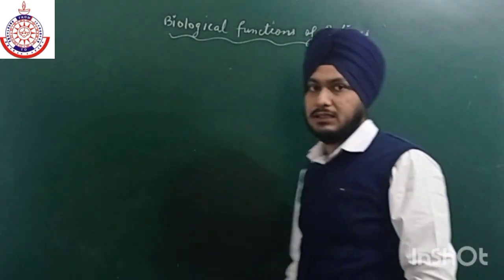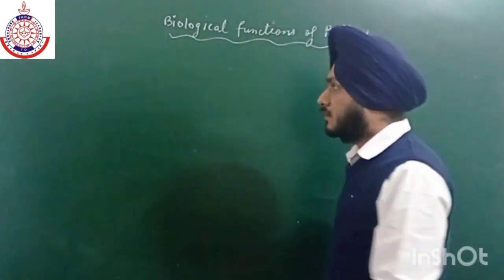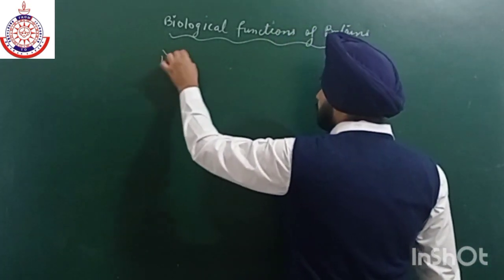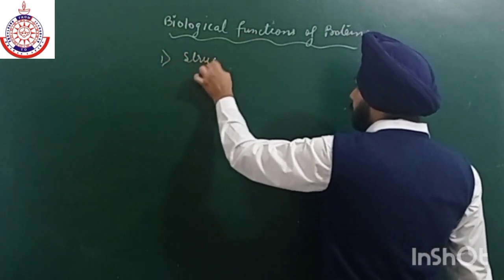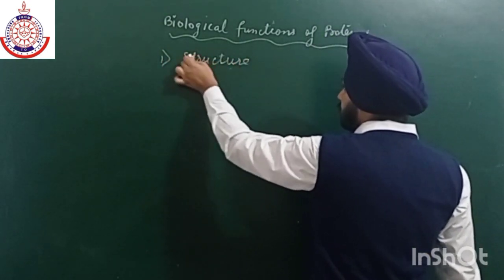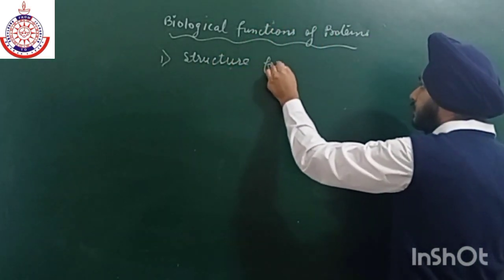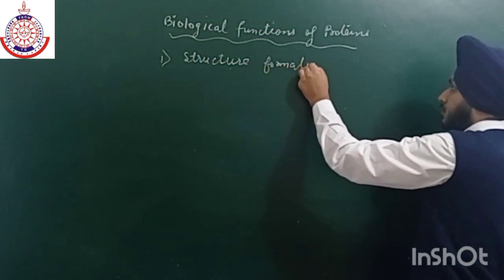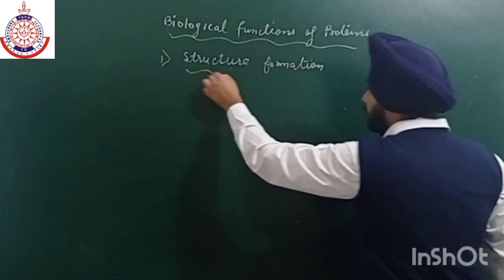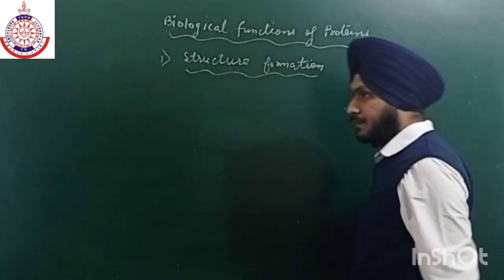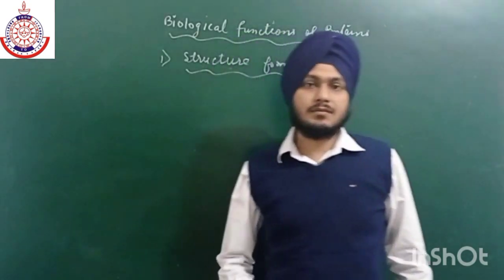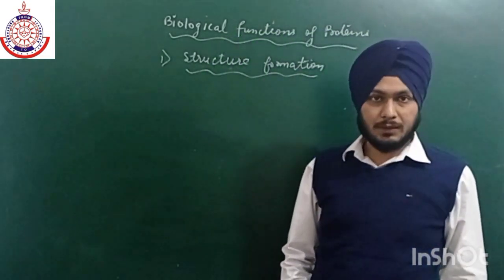The first function is structural, structure formation, structure building, whatever you like to say. Now, as we all know, a large number of proteins are present in our body parts.